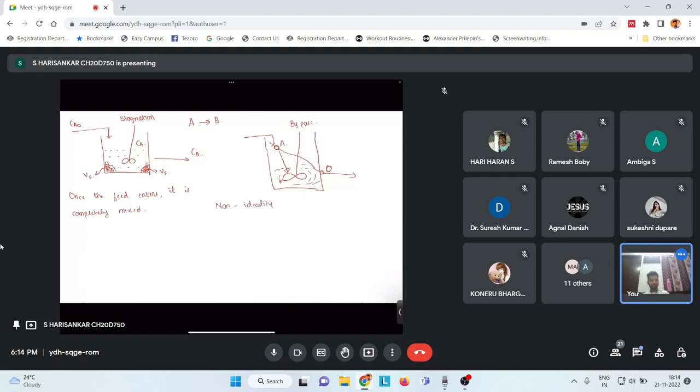These are some basic examples of how non-ideality occurs in a reaction. It could be stagnation, it could be bypass, it could be a lot of other things. And yeah, non-ideality, by the name itself, is just a deviation from the ideal case.